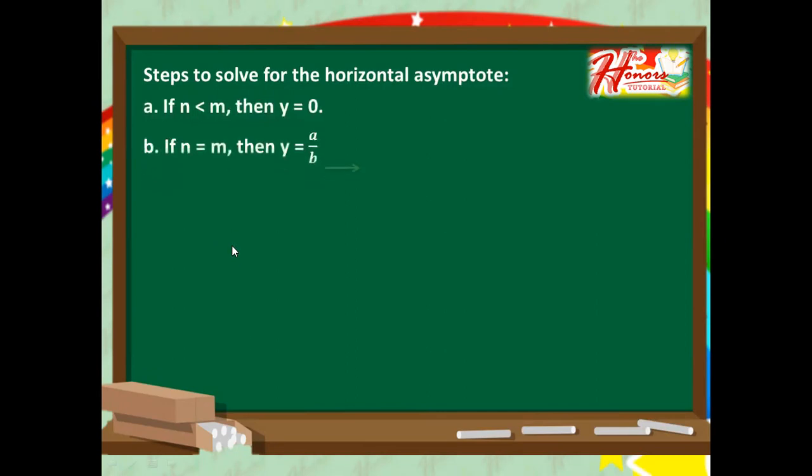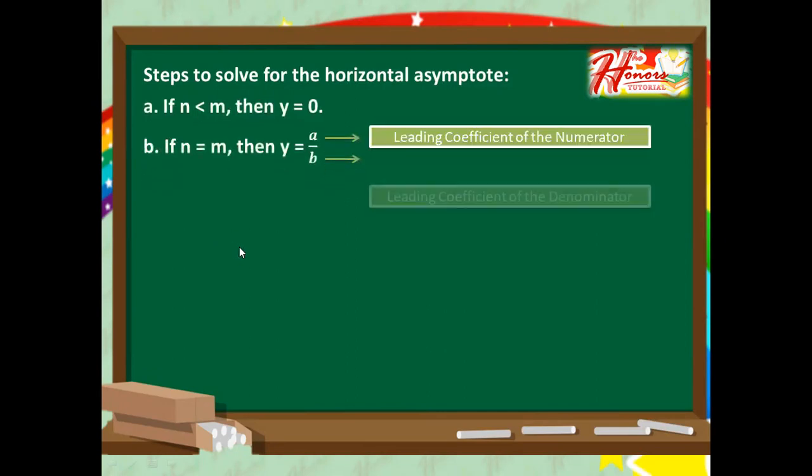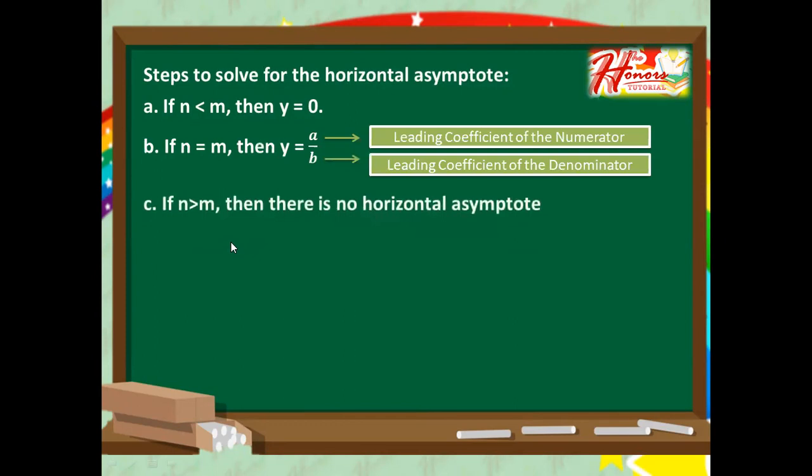These are the conditions that we should follow in looking for the horizontal asymptote. First one is if n is less than m, then y equals 0. N is the exponent of the numerator and m is the exponent of the denominator, the leading coefficient.